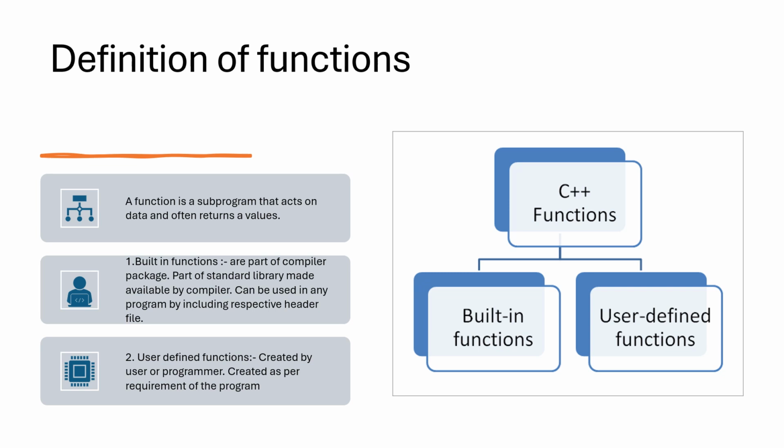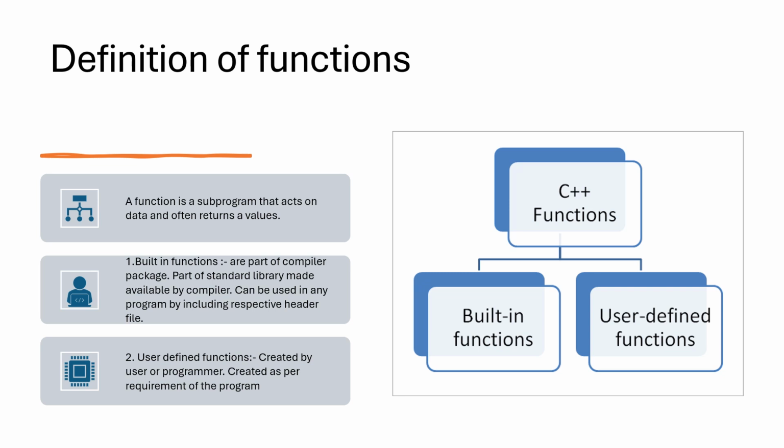So there are two types of functions: built-in functions and user-defined functions. What will be the built-in function? Built-in functions are made by the compiler packages. Everything will be in the standard library, and it is available with the compiler and can be used in the respective header files. So a built-in function is like built-in data types.